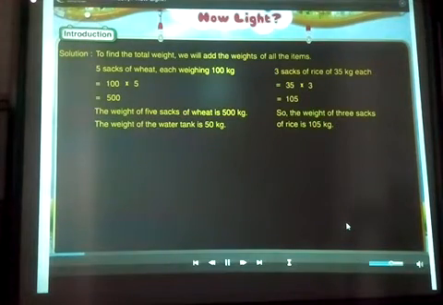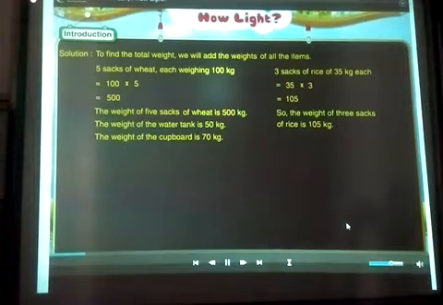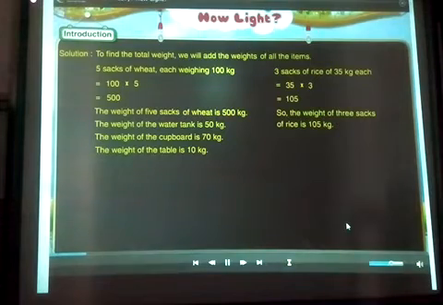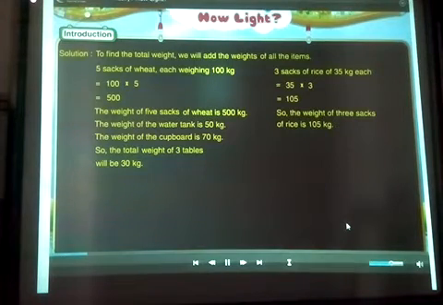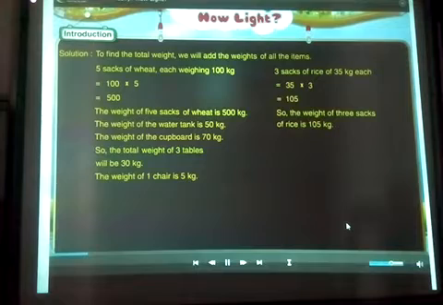The weight of the water tank is 50 kg. The weight of the cupboard is 70 kg. The weight of 1 table is 10 kg. So the total weight of 3 tables will be 30 kg. The weight of 1 chair is 5 kg.